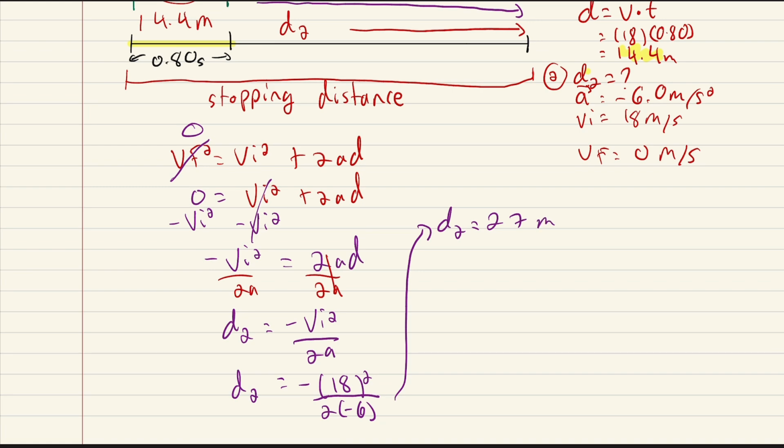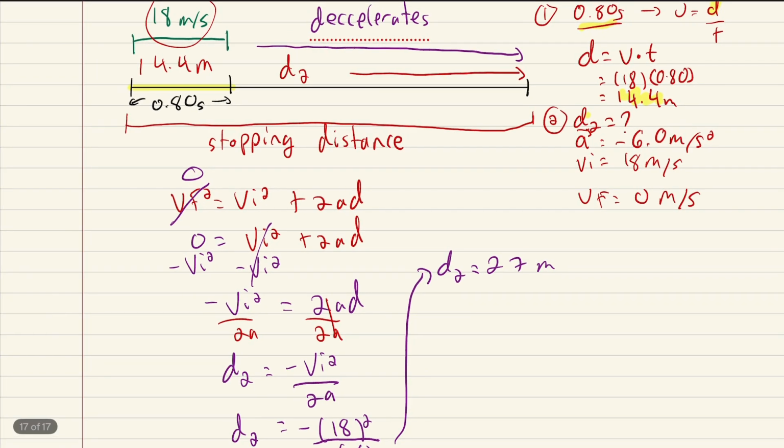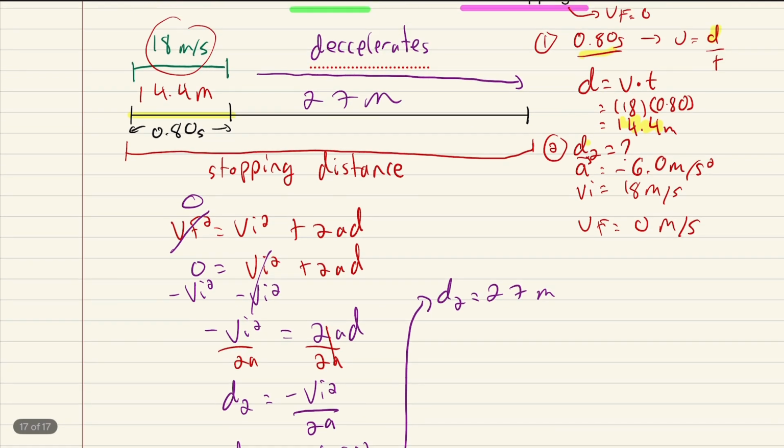So now for the total stopping distance, if I go back to the diagram here, I can say that this is now 27 meters. So for the total distance, from here all the way to here, well, we could just add them up. So we're going to go D total equals D1 plus D2.